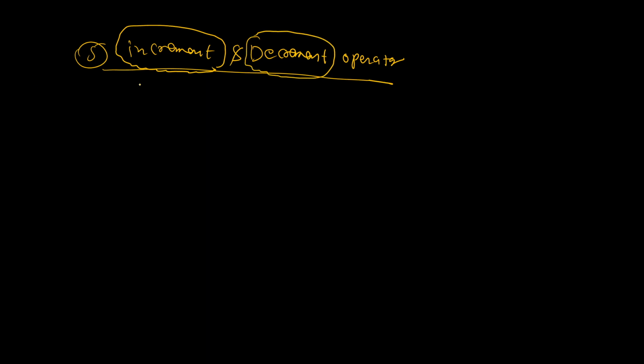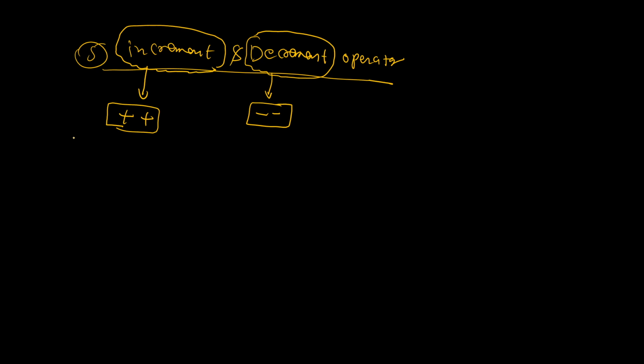First of all, we will see what kind of increment operators we use. Basically for increment we use the plus plus symbol, and for decrement we use the minus minus symbol. These two symbols are used for increment and decrement.